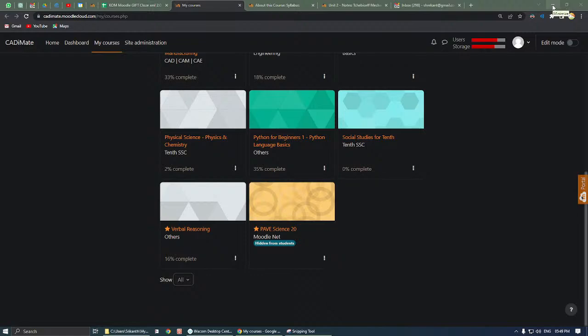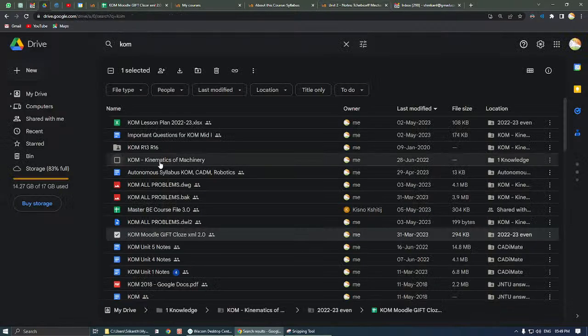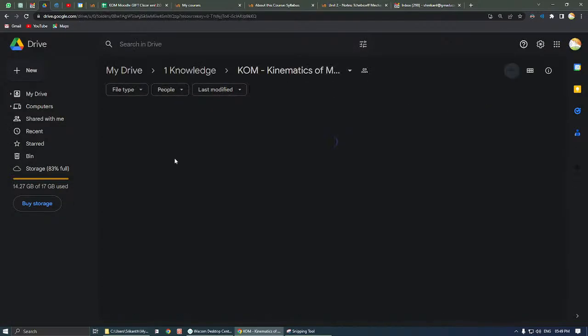Let's see what else we can do here. So in the course for second unit, there are so many straight line mechanisms. And for all of the straight line mechanisms, I am supposed to create nodes for them. I have created a lot of nodes.